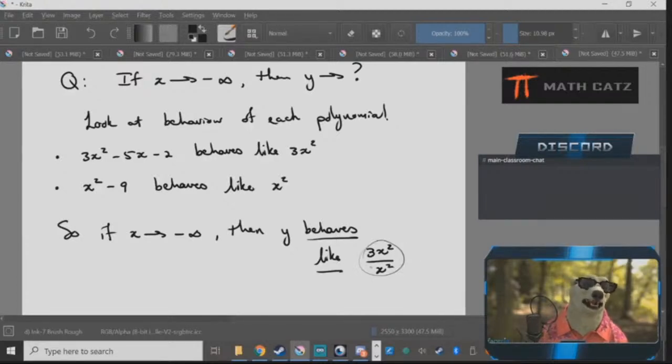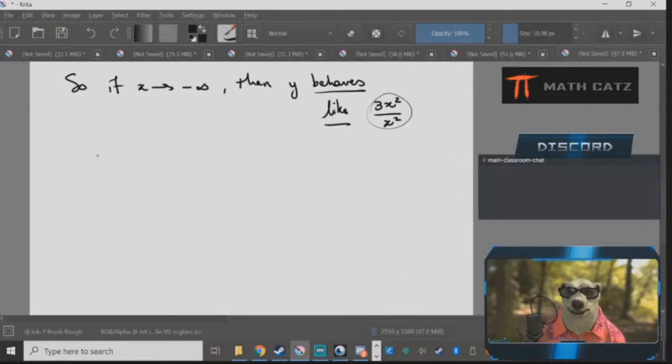Now I can simplify this. Let's do it over here. 3x squared over x squared simplifies, whoops, that was an I. I should really not try to undo. My laptop does not like that.